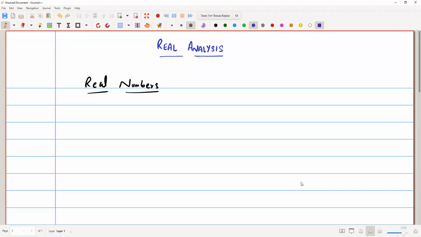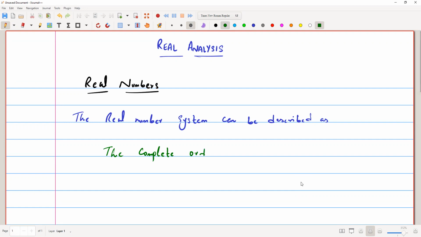So the real number system can be defined or can be completely described as the complete ordered field.